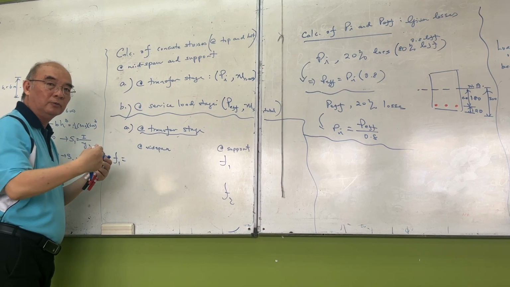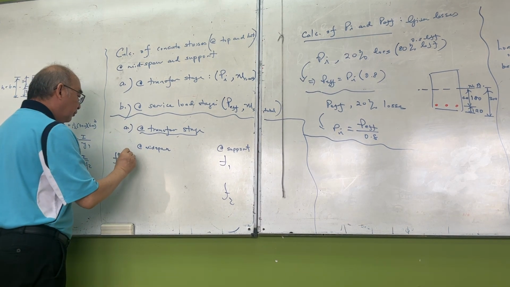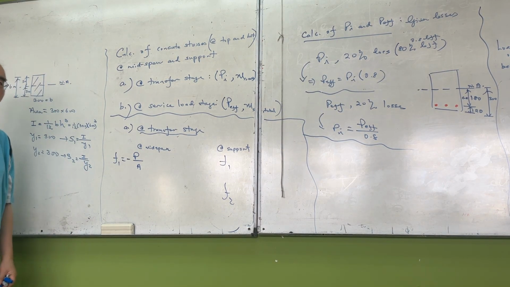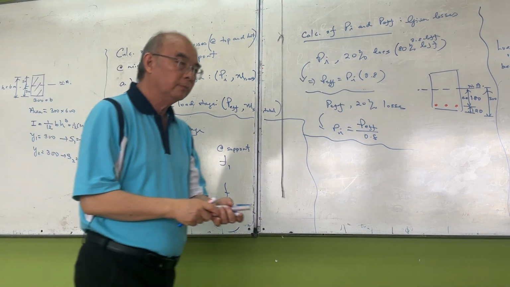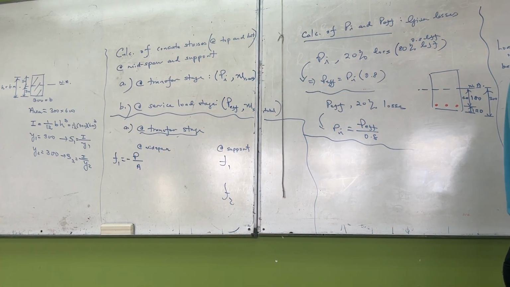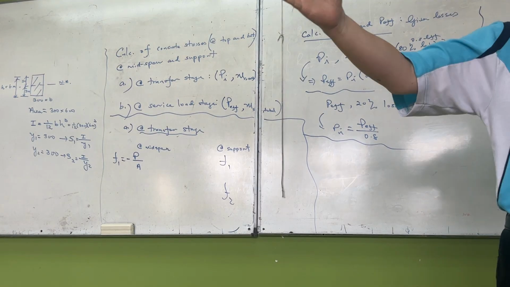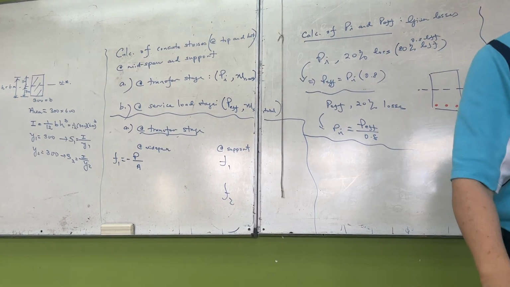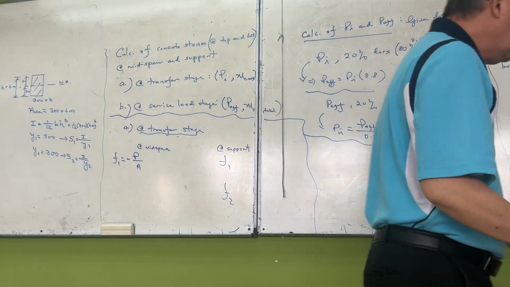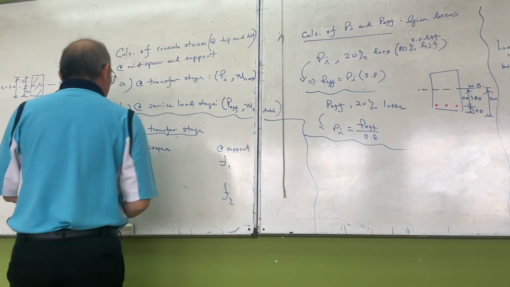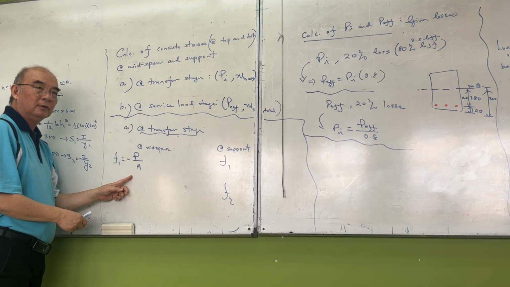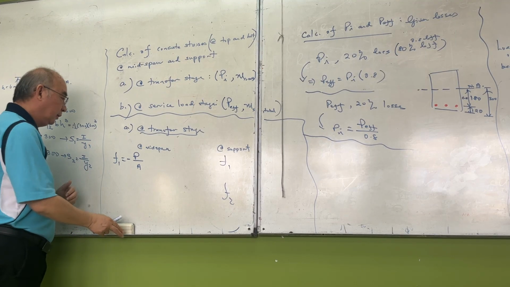Axial load is negative P over A. The strand is pulling and inducing the pre-stressing force here, and the pre-stressing force creates a compressive axial stress.